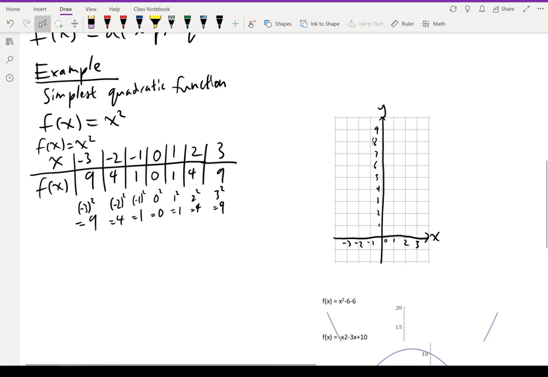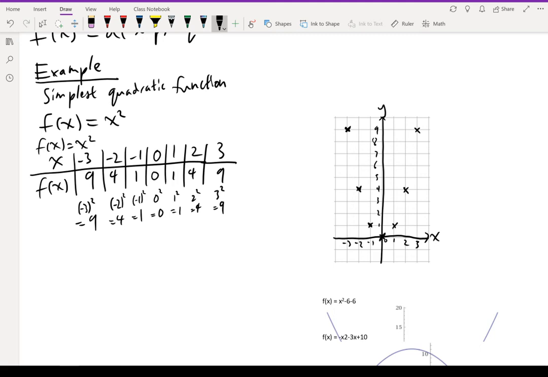Let's start with -3. -3 will be plotted at 9 right here. -2 is 4 over here. -1 is 1 over here. 0 is 0 here. 1 will be 1. 2 will be 4. 3 will be 9 again.